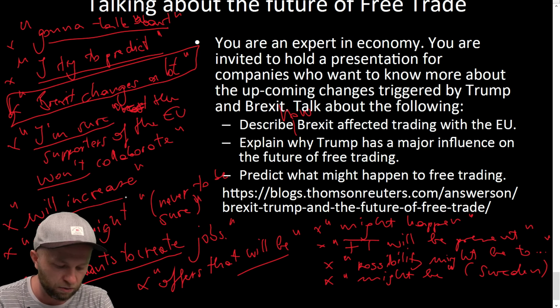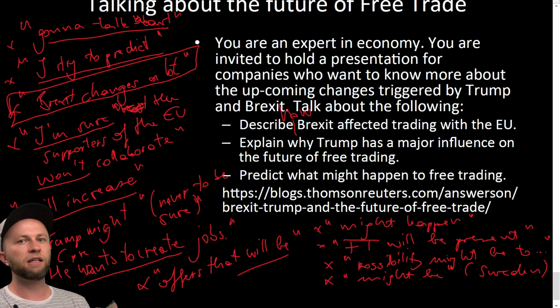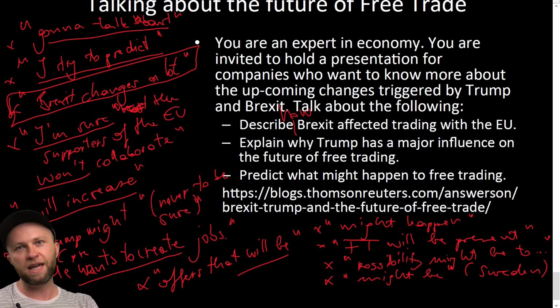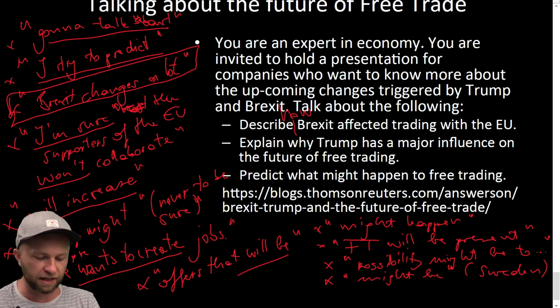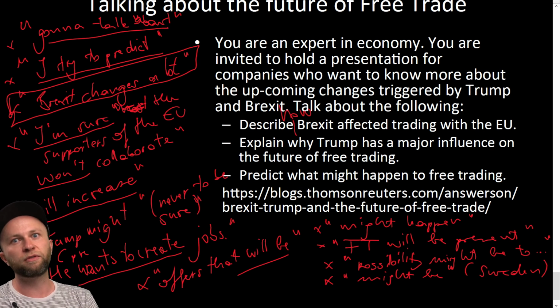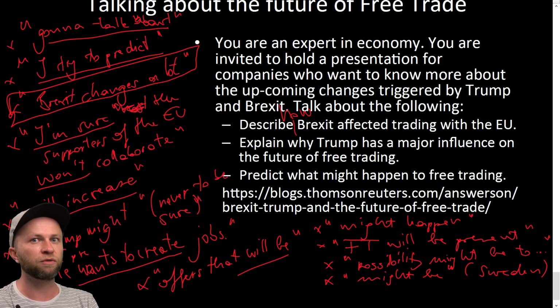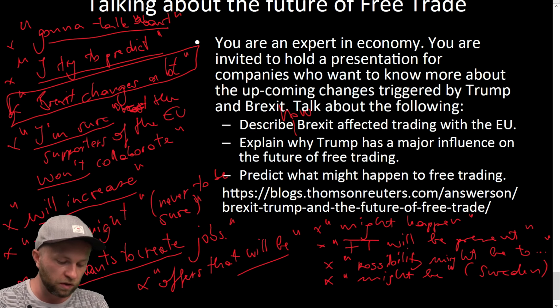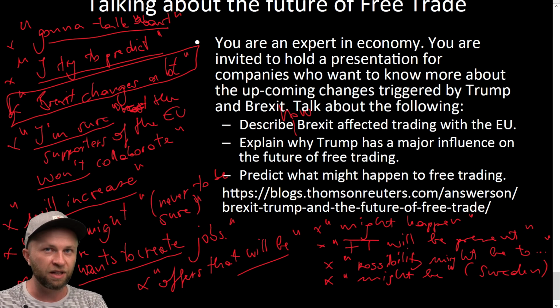Then we also have "will increase" and "Trump might", which he argued for, because you're never sure with Trump which way he's going to swing by the end of the day. This is why the modal verb "might" is very well chosen to express likelihood.